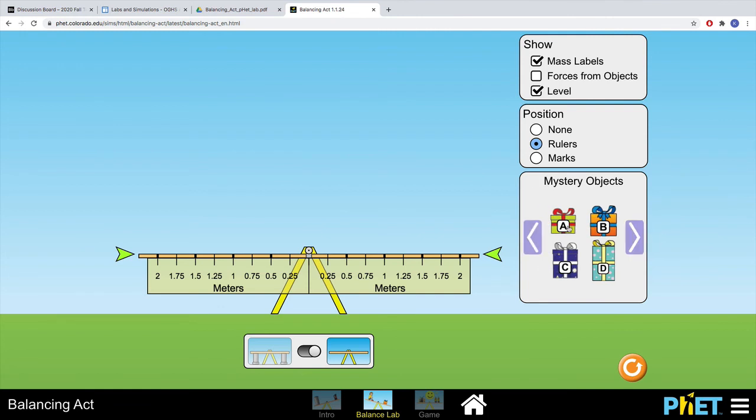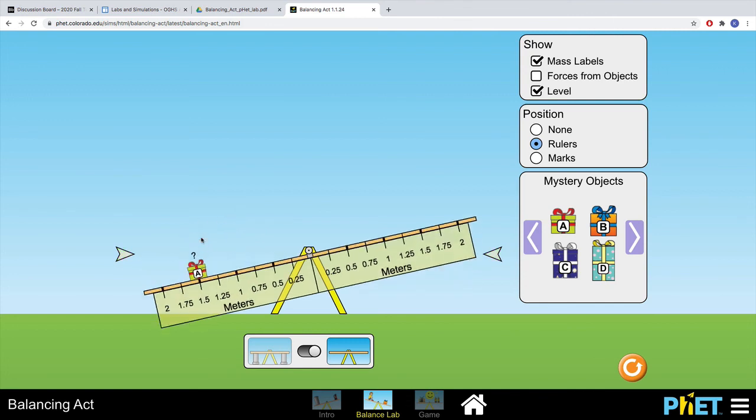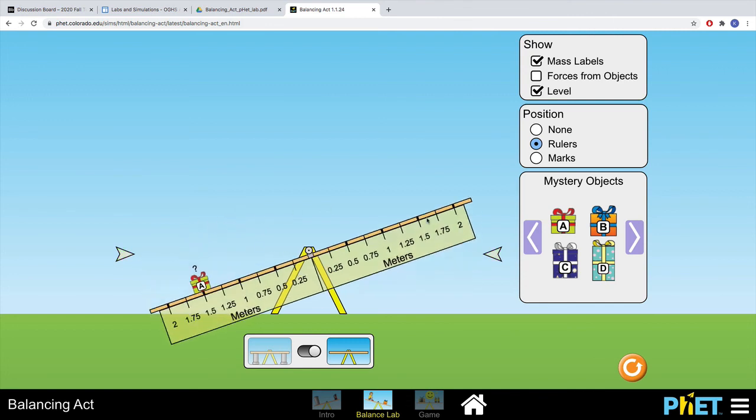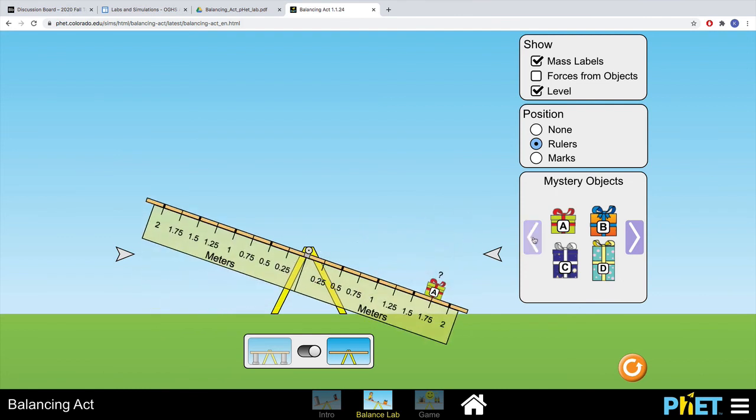Then take mass A and put it here, or you can put it on the other side if you wish. Then use a known mass of your choice to balance it. Put it here. For instance, it's not flipping. Put it there. It's not flipping.